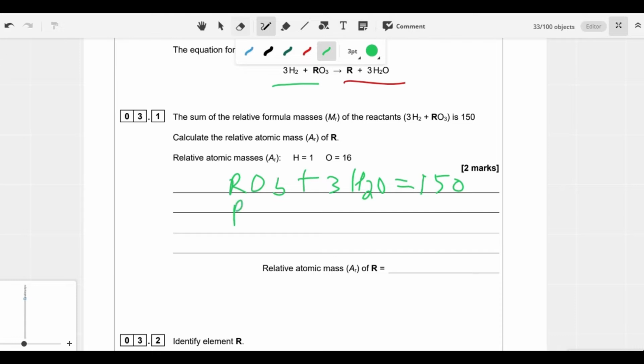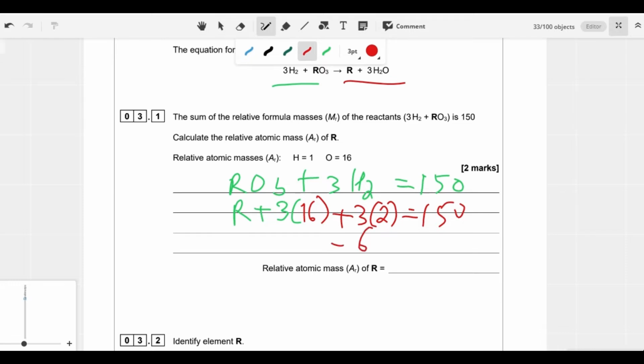So here you have to write R plus 3 times the oxygen, which is 16, because whenever you find the molecular mass of a compound, you have to add the elements, plus 3 times H2, that is 2, is equal to 150.